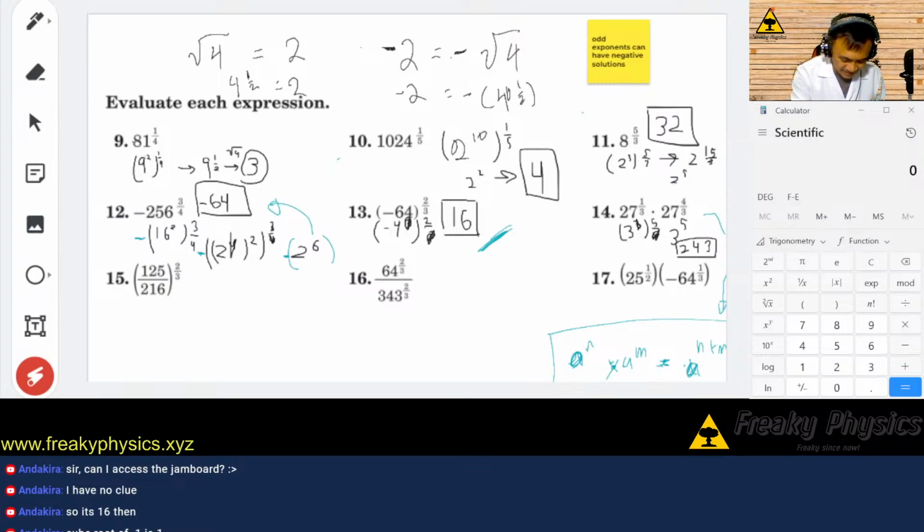All right, no worries. I'm gonna start off by doing this. What is 125? I know this for a fact since I've used this several times already. This is gonna be 5 cubed.